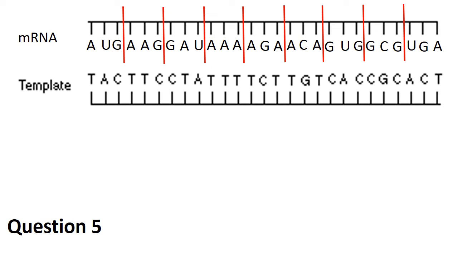So if you read it, a mutation occurred on the 4th base in the template side. And so the 4th base is a thymine, and that is on the template. And thymine has been substituted with guanine.